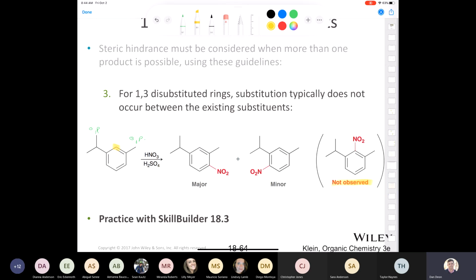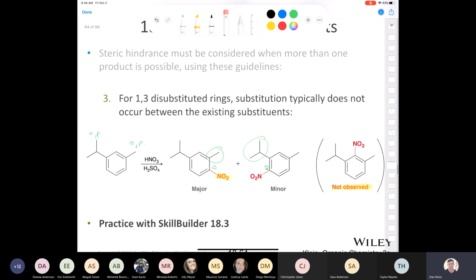But in fact, we don't get any of that, and that is just solely based on sterics. It's just too sterically hindered to get into that spot. And so we're going to get this as our major product, okay? Why would that be major? Because it's ortho to the smaller group. This is ortho to this position. This is ortho to this position, which is a bigger substituent on it. Nothing more than that, okay?